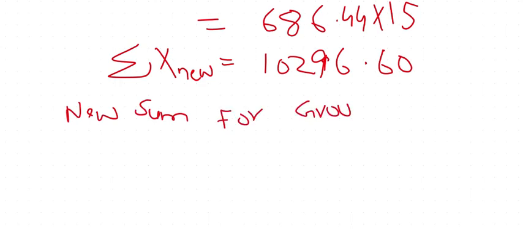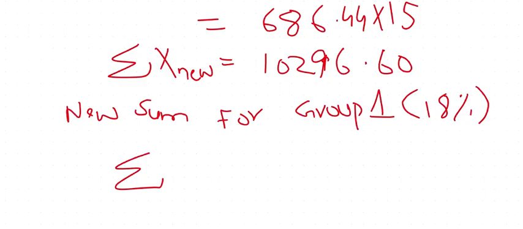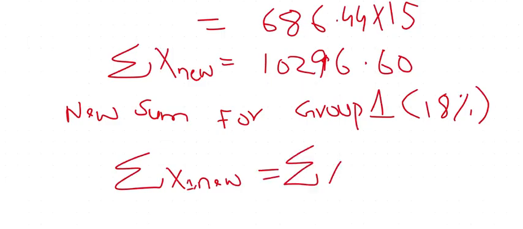I'm writing x1 new, which equals summation x1 multiplied by 100 plus 18, divided by 100.